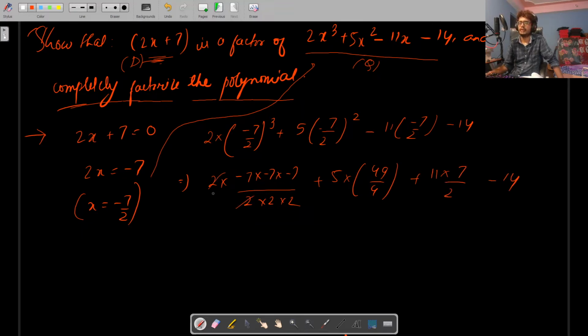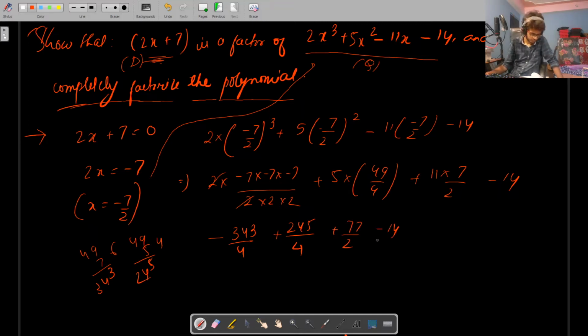So one of the two will cancel. This will be negative of something. 7 times 49 is 343. 343 divided by 4 plus 245 divided by 4 plus 77 divided by 2 minus 14.